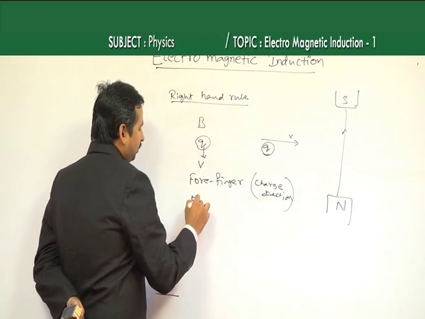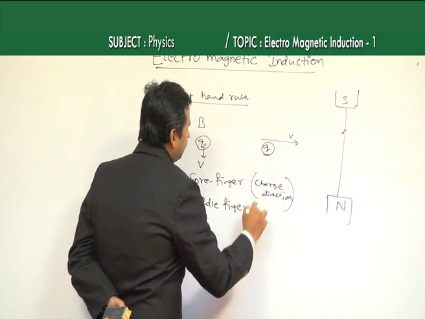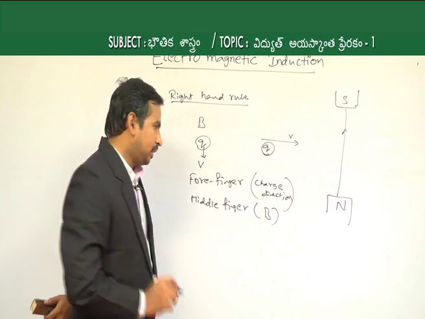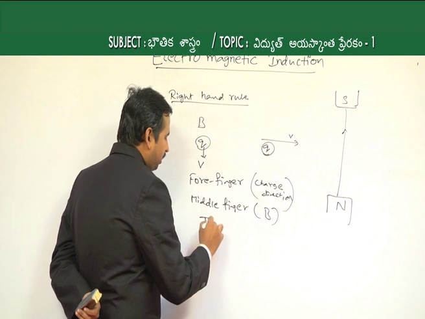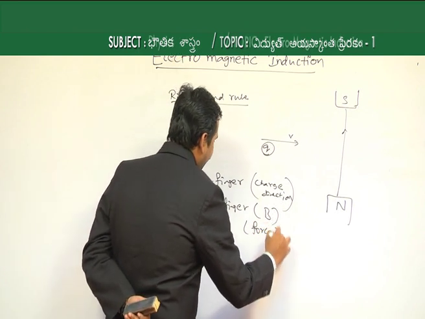And the middle finger represents the direction of B, the magnetic field strength. Then force is given by the thumb. So the thumb gives you the direction of force.